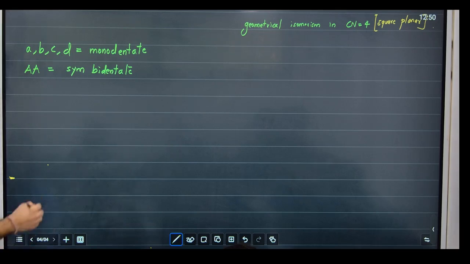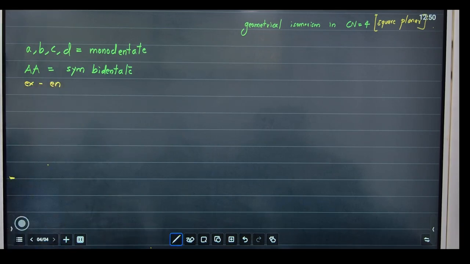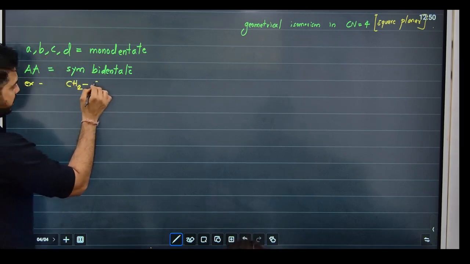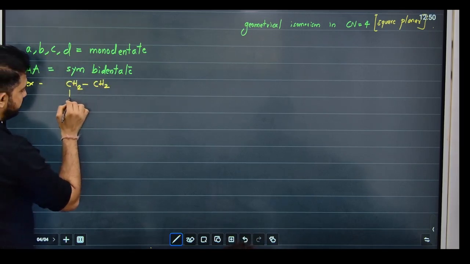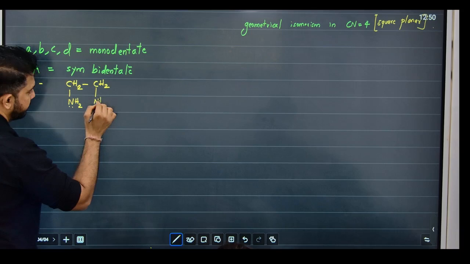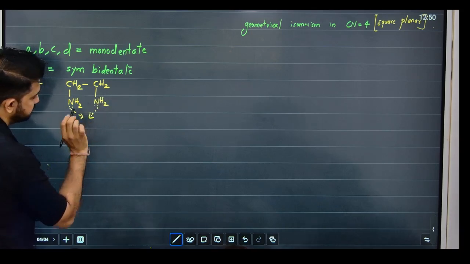For example, ethylene diamine. What are the donor atoms in ethylene diamine? Nitrogen. So if we write, ये दो दोनों donor atoms हैं.